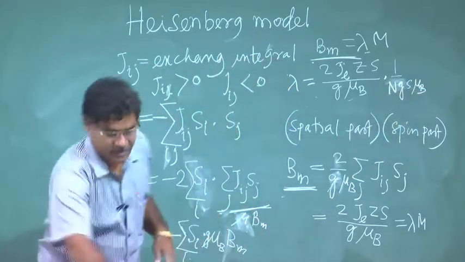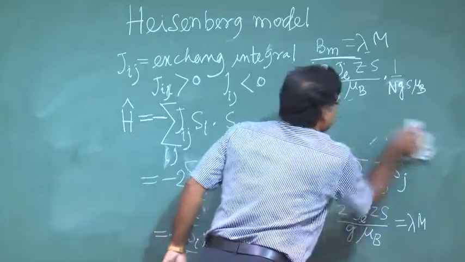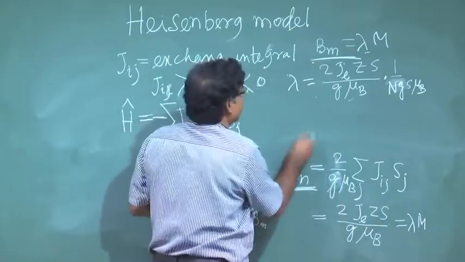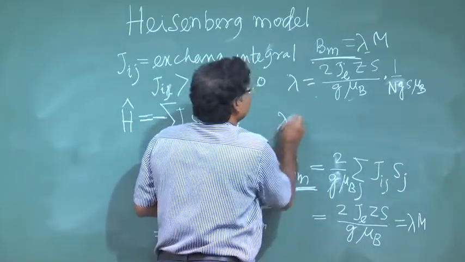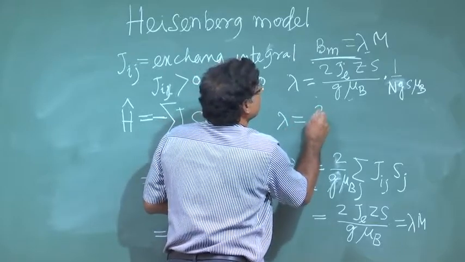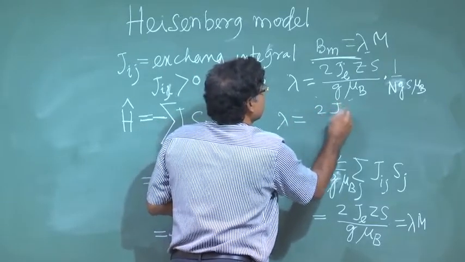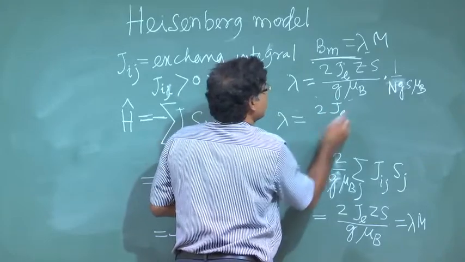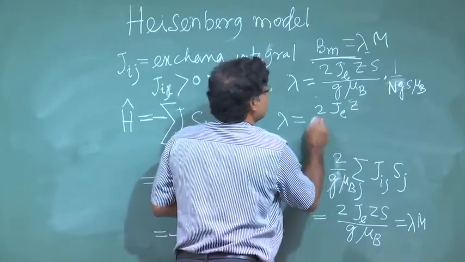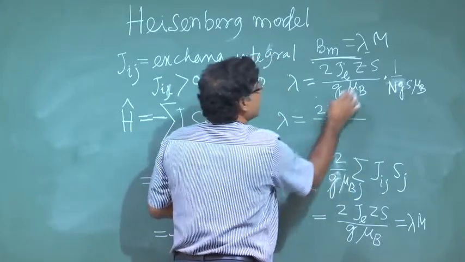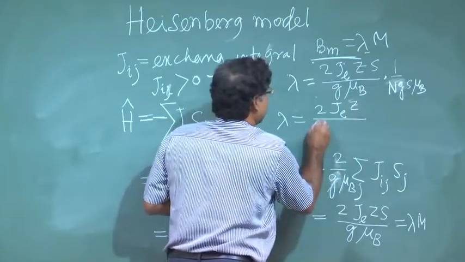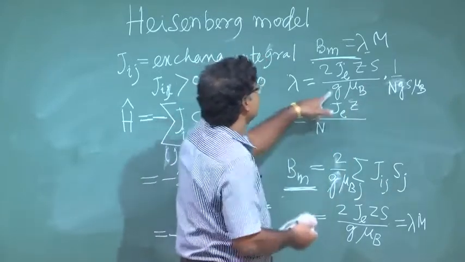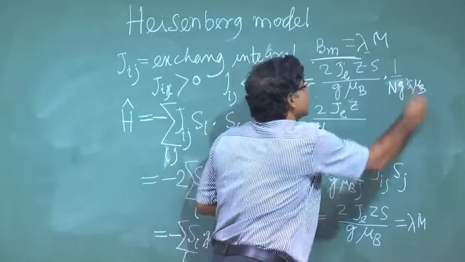So, from here I can get lambda equal to 2 J E exchange integral, then Z is there, divided by what you are getting, n. You see here, SS will go.